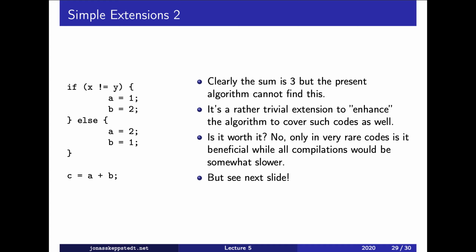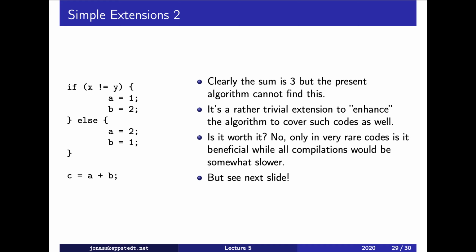Actually, I couldn't resist implementing it, and it was used like a handful of times in millions of lines of code. It's very trivial to implement, but as a general rule, if an optimization is not useful, it should be deleted.